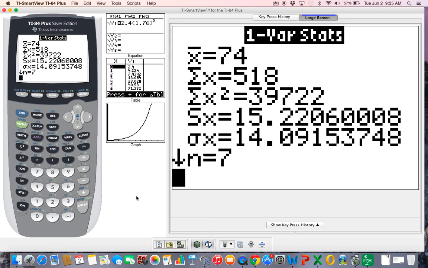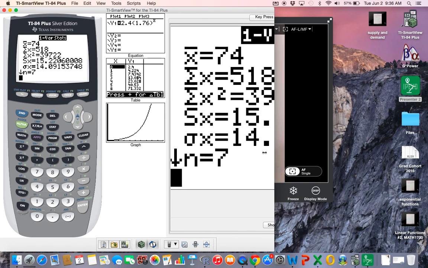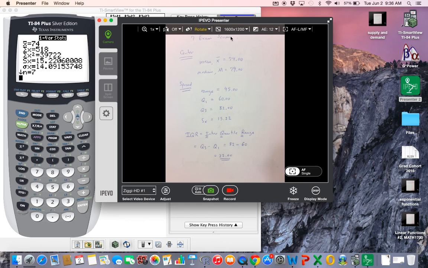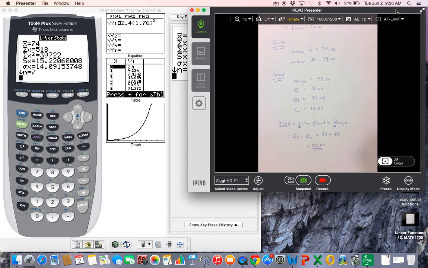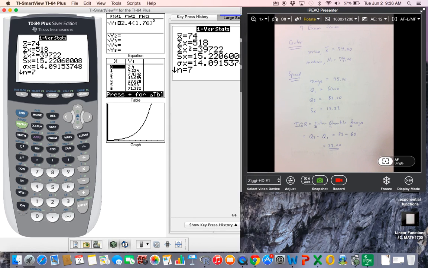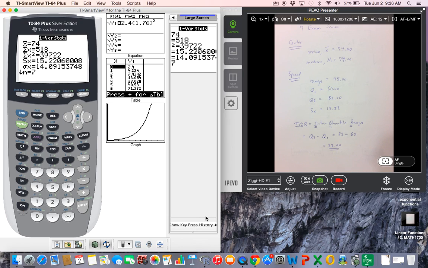Well, gang, at the top we see x bar is 74. So I want to have a couple things going on here. Well, it won't let me do that, will it?